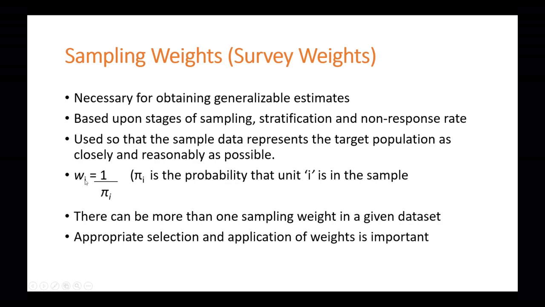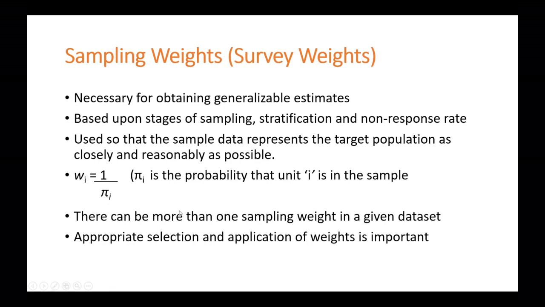This I over here is the case which is representative of the target population, and the I in the pi that you see over here is the case which is in your own study population. So basically pi subscript I is the probability that I is in the sample.